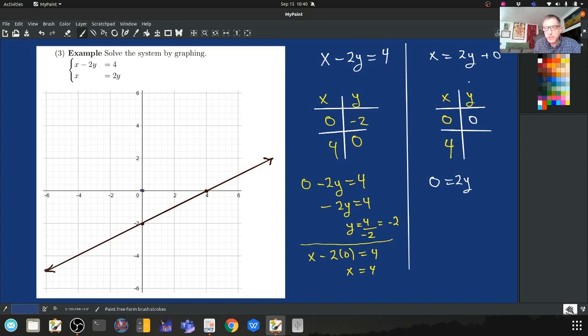So let's do another point, and I said let's choose 4 arbitrarily. I kind of looked at the equation to help me out. So let's do it. I've said x is equal to 4, and we're going to solve for y. It's 2y. So I'm going to divide both sides by 2, and I get 2 is equal to y.